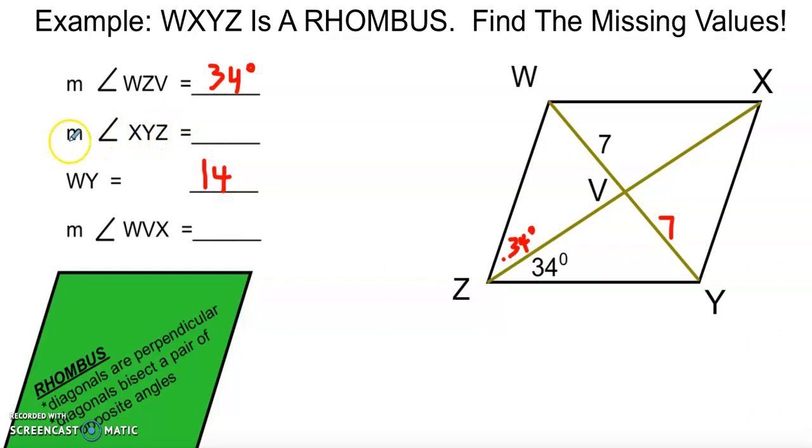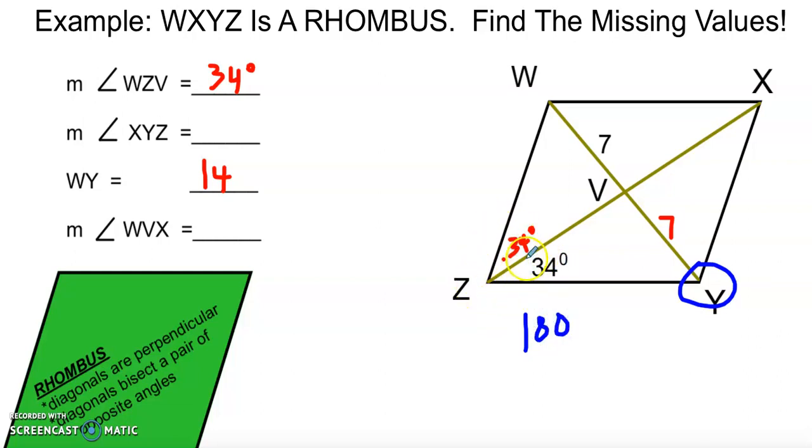All right, taking a look at measure of angle XYZ. So I'm going to take a different color. Angle XYZ, that would be this entire angle right here. And because angles are supplementary in a parallelogram, not even just a rhombus, but just in any parallelogram, if I take 180 degrees and I subtract any one of my consecutive angles.